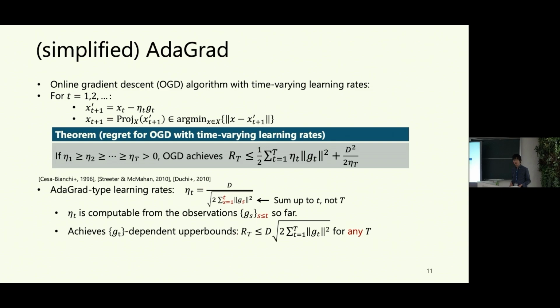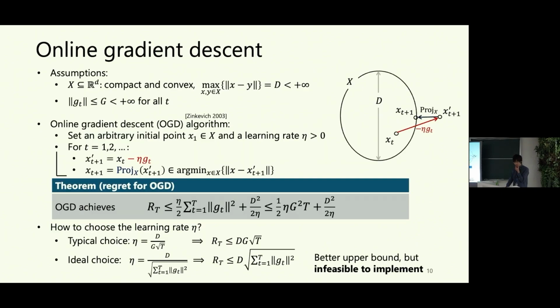D is a kind of unknown constant. In this setting, we consider that capital D is a known value. In this talk, we assume that the feasible region is given in advance. That means capital D is known. When we want to set eta_t properly, maybe D is somewhat unknown. Of course, if D is large enough, it's safe. But in practice, we want to make it as small as possible.